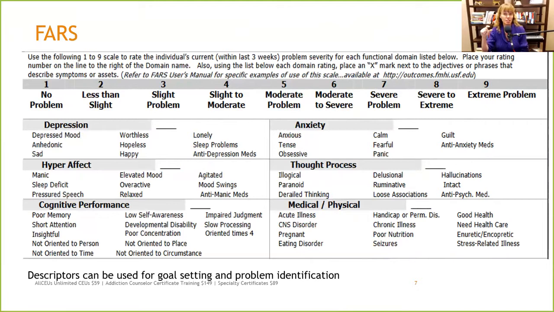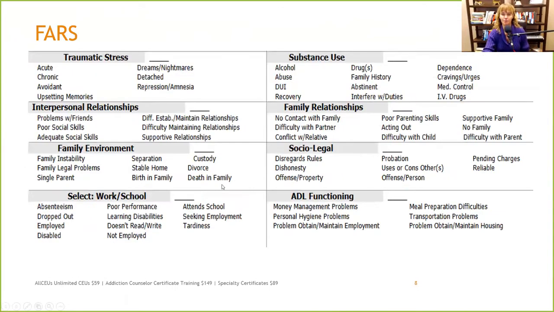To address your feelings of worthlessness, that's a sub-goal. We're going to look at what's causing those, how can we address it. Hopelessness, that's another sub-goal. So it's sort of spelling out the treatment plan for us, so we don't have to do a whole lot of creative writing on the back end.